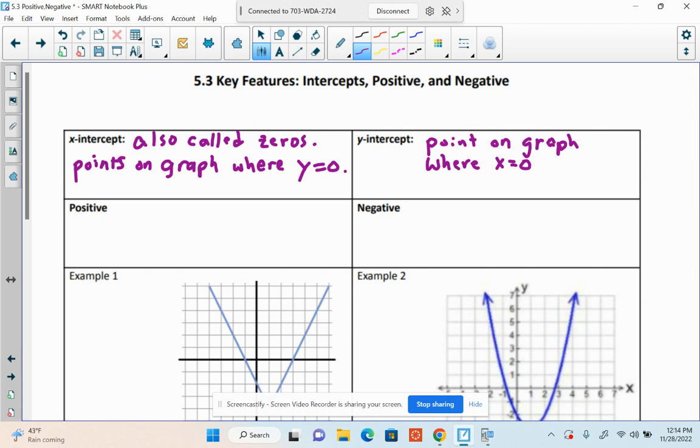So now let's talk about positive and negative. So remember, positive means greater than 0, and negative means less than 0.